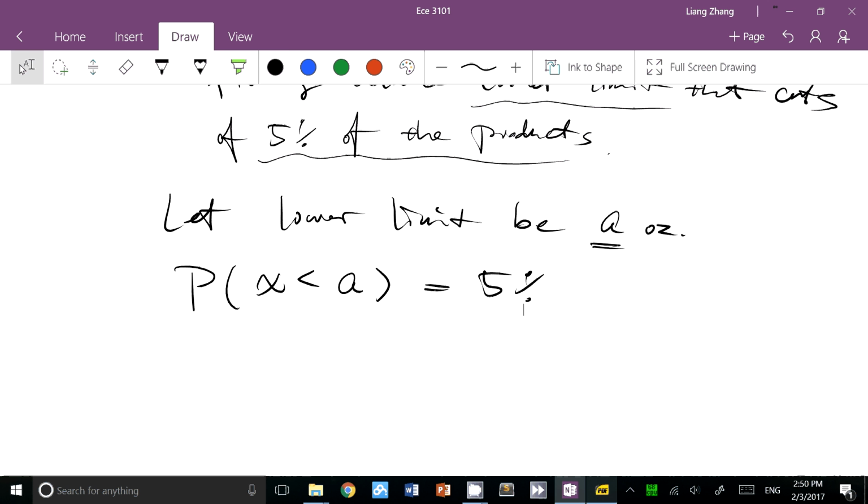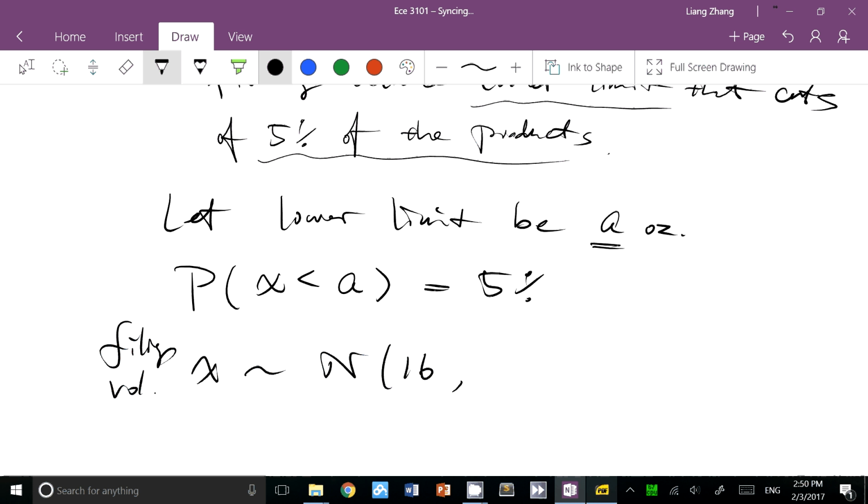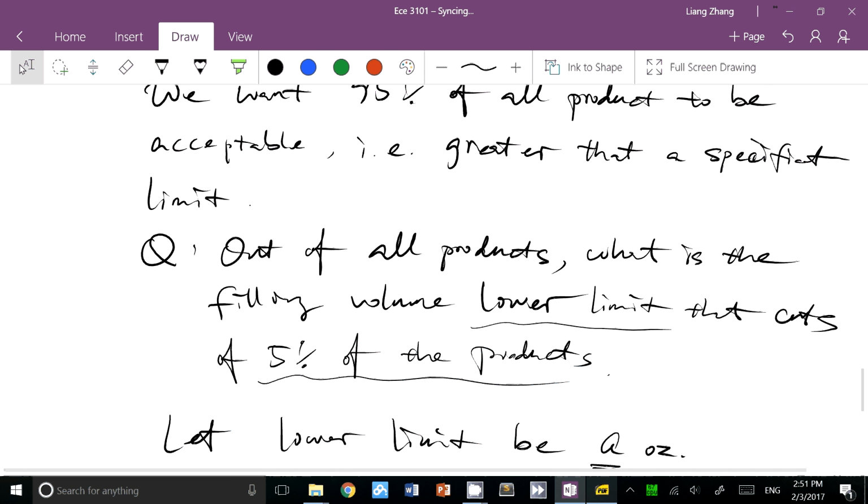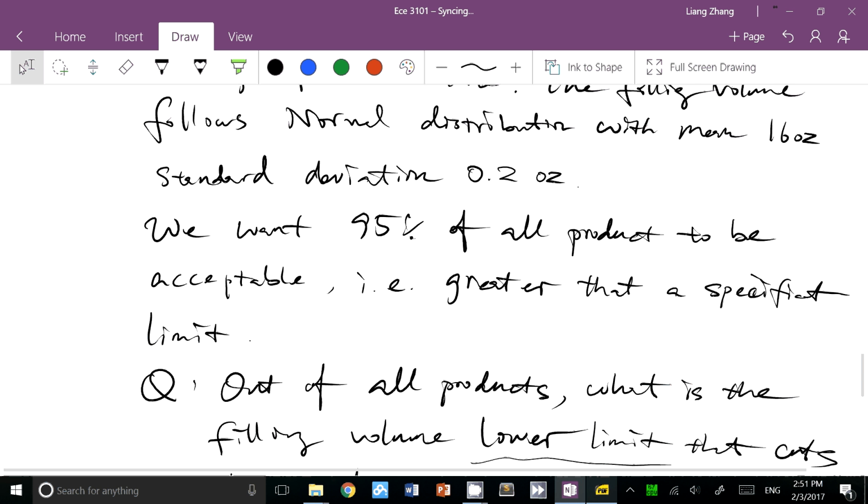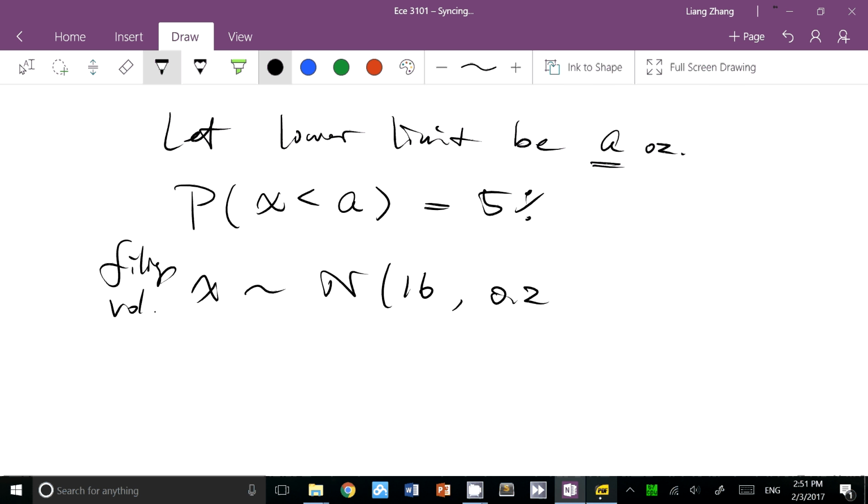The filling volume X follows a normal distribution with 16 ounce mean, 0.2 ounce standard deviation, so the variance would be 0.2 squared. Then the probability of X less than this lower limit A equals 5%.